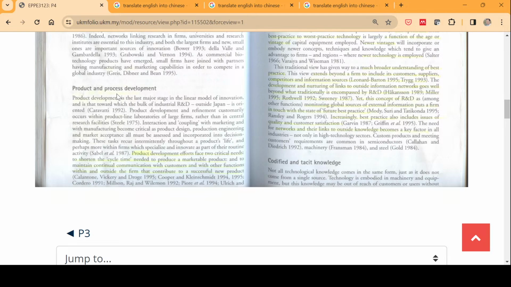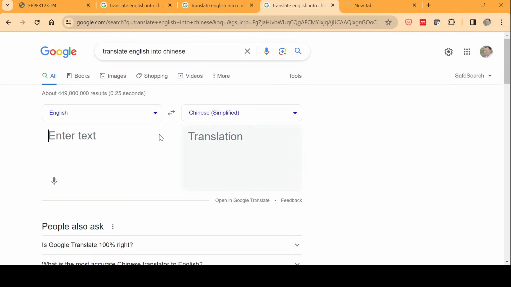So I should write again some other time, or maybe I write now. The second one is process innovation.